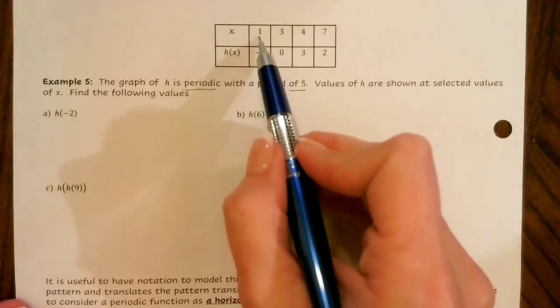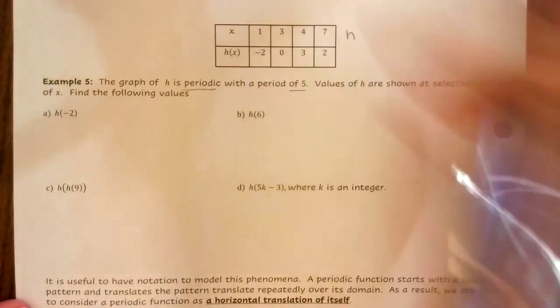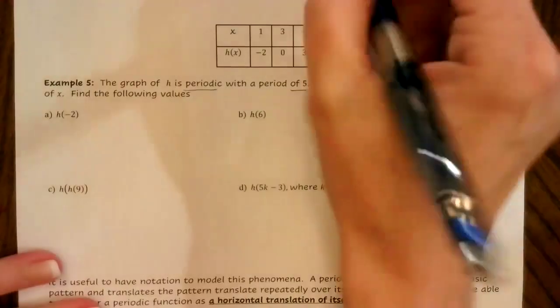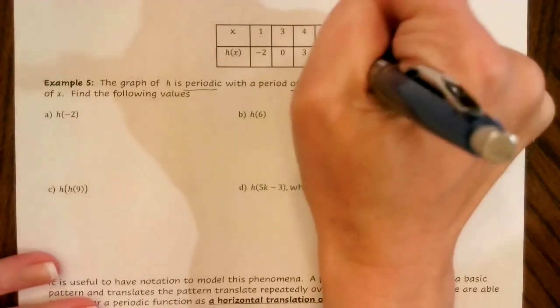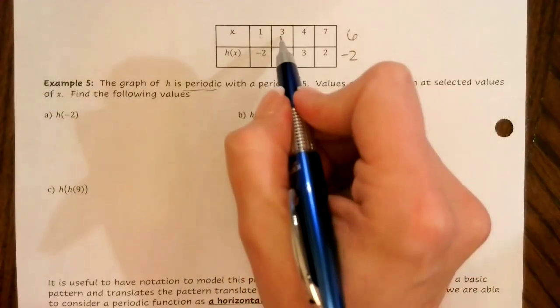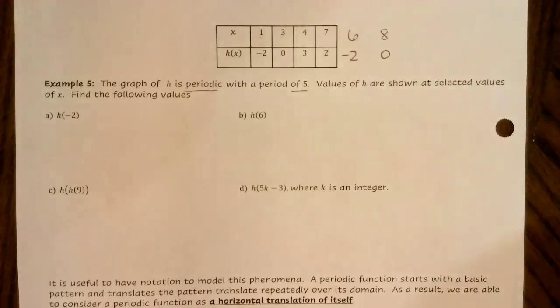Let's think about that. So 5 units from 1, 6, for example, just wrote H. H of 6 would be at -2 because that is 5 units from this. 5 units from 3, so 8 would be at 0. So you can come up with a couple other values from there.